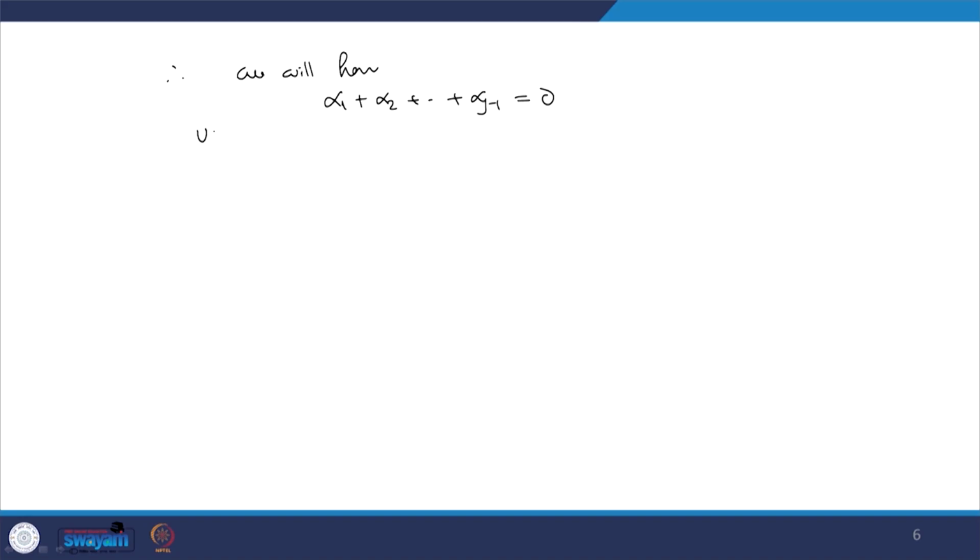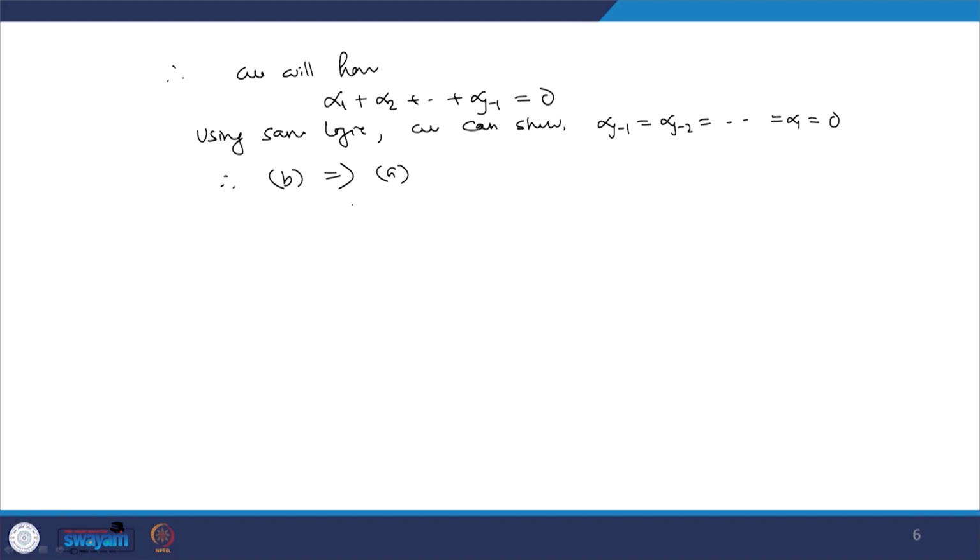Now, using the same logic we can show alpha j minus 1 equal to alpha j minus 2 equal to ... alpha 1 equal to 0. So, B implies A. Now, these two statements A and B are equivalent.